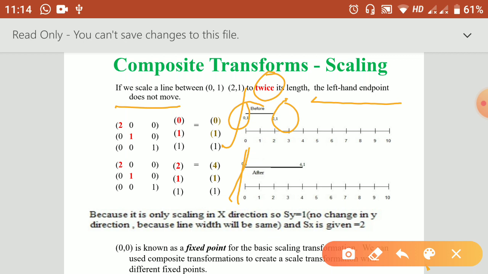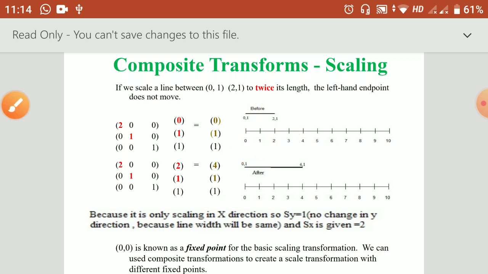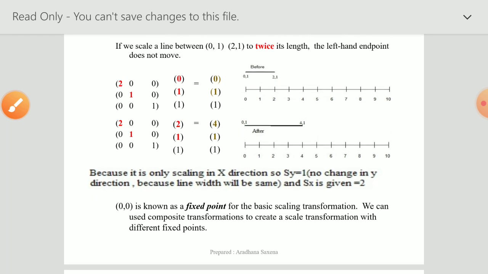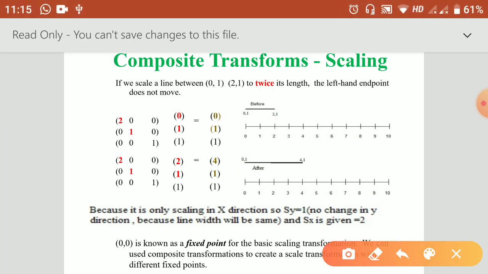So one point will remain the same, we need to calculate the other point, meaning what will be the value of the second point. As we have already seen the scaling matrix, because it is a line, only the length will change, the width will remain the same, meaning the del y value will remain the same.